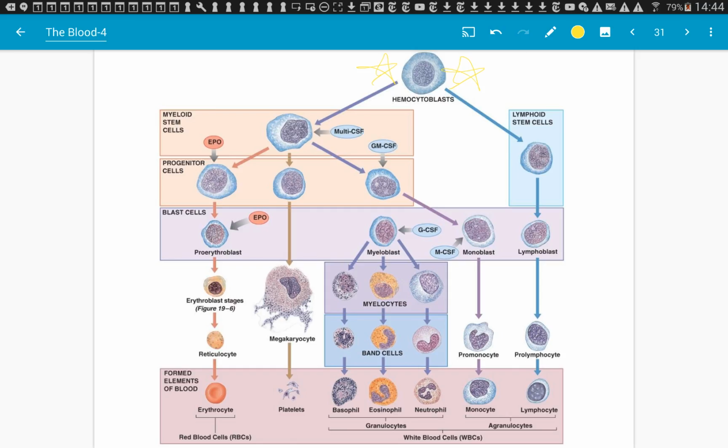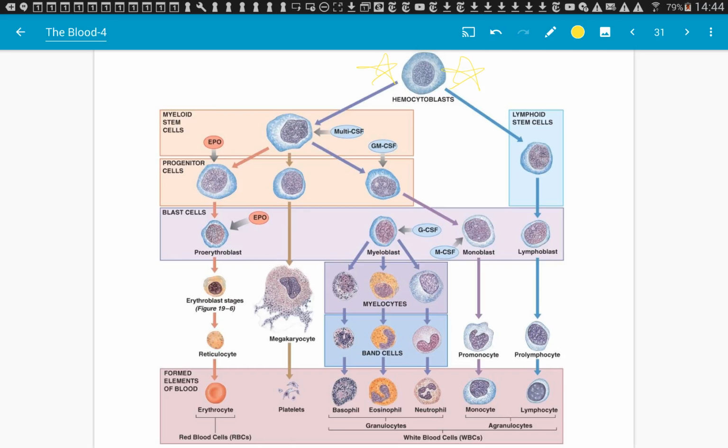Then it divides into two categories, myeloid stem cells and lymphoid stem cells. Yeah? Okay, so then you can just follow this. I am not going to ask you questions about this because this is very detailed, but I want you to take a look at it, just appreciate how these cells develop.